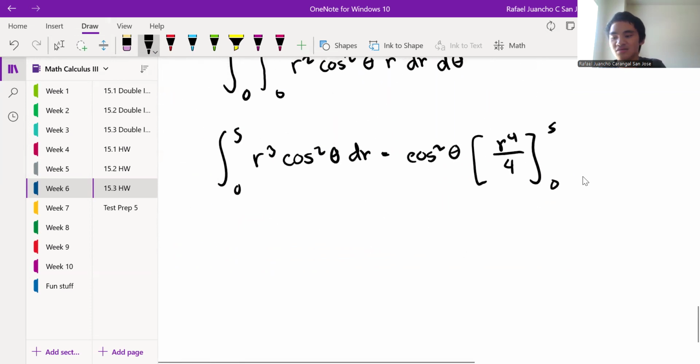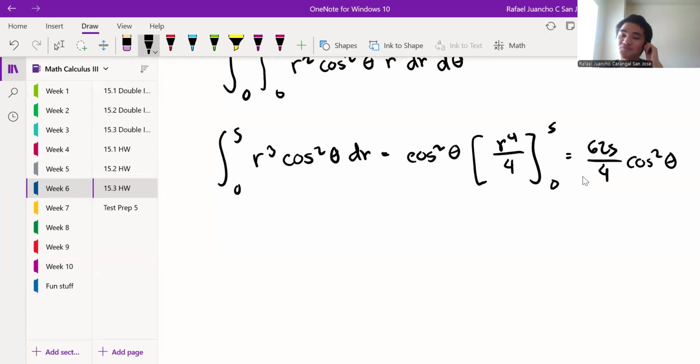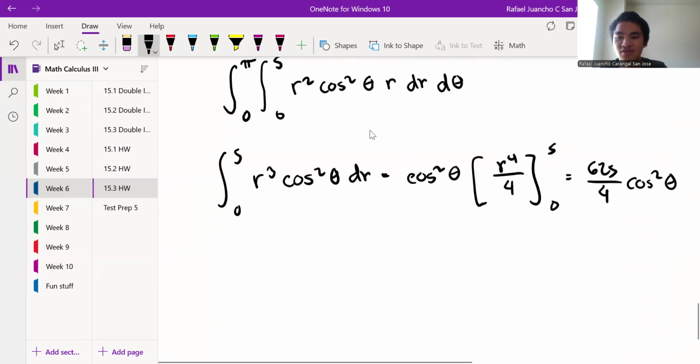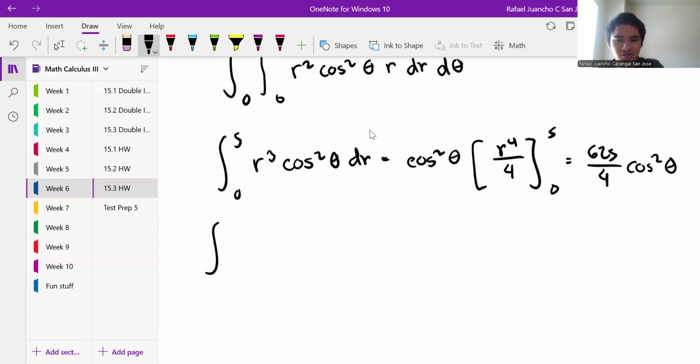And then here I get 5 to the power of 4, 625 over 4. Is that possible? Oh, no, it's not. Then this is cosine squared theta. See if I got that one. Probably did-ish.